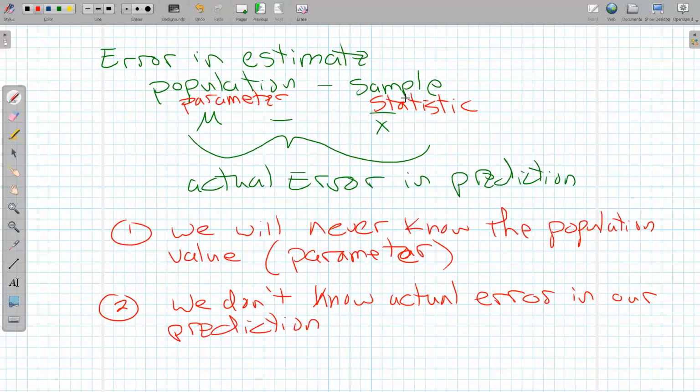And just like I can use the sample to estimate the population, there's also a way to estimate my error. So that's one thing we're going to learn today. We're going to learn to estimate the error. So how do we estimate the error?